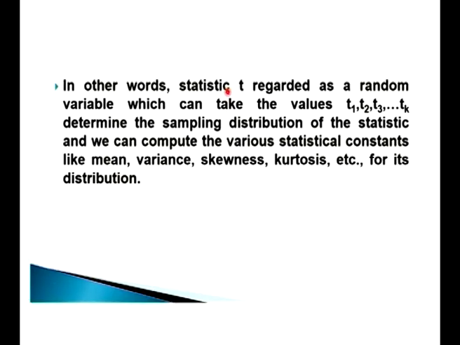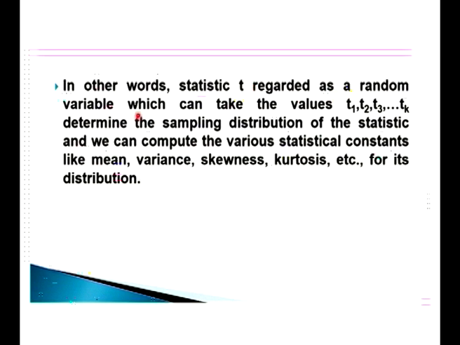Similarly, in a sampling distribution, the statistic T regarded as a random variable will take the values T1, T2, T3, etc. up to Tk, and this random variable defines a distribution. That distribution is called the sampling distribution of the statistic.